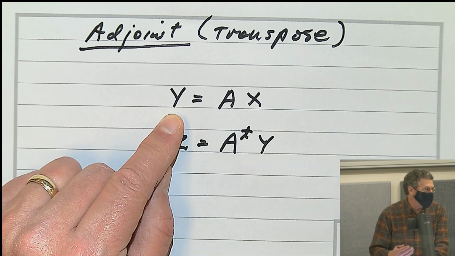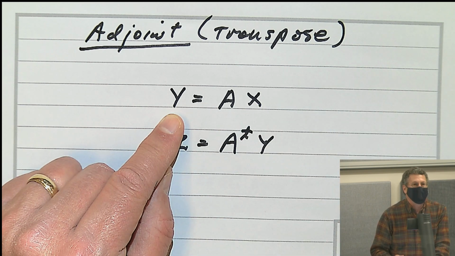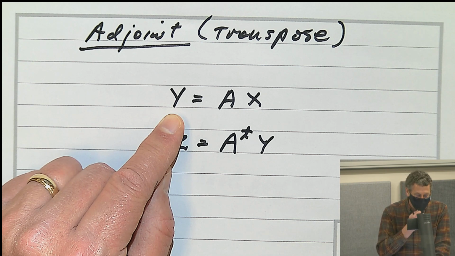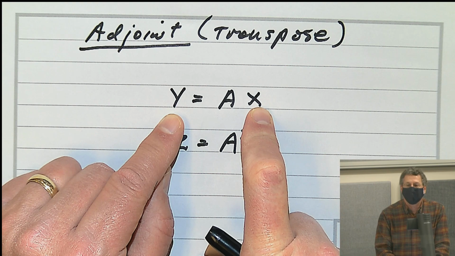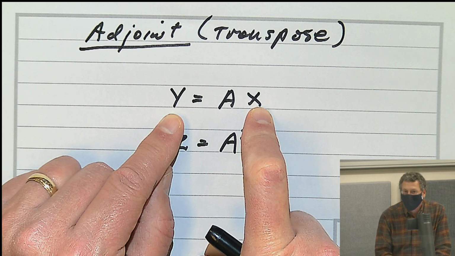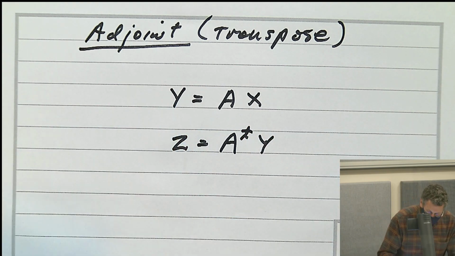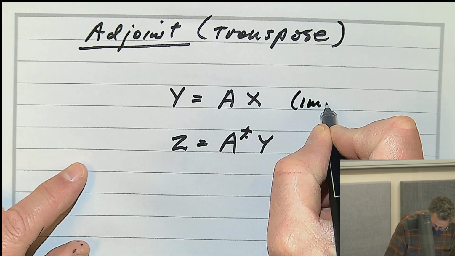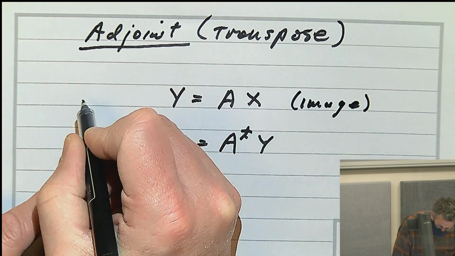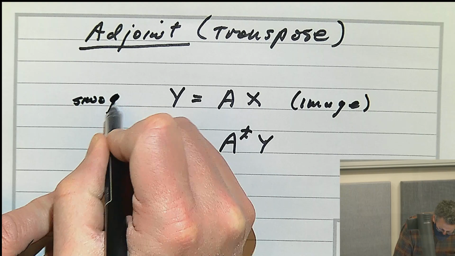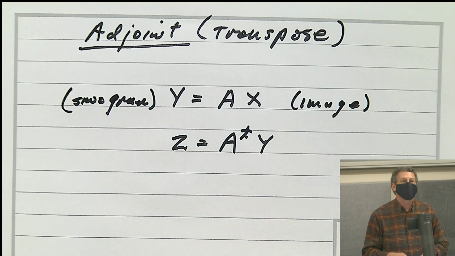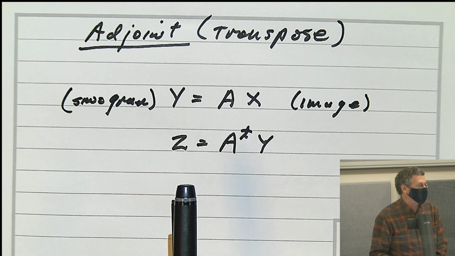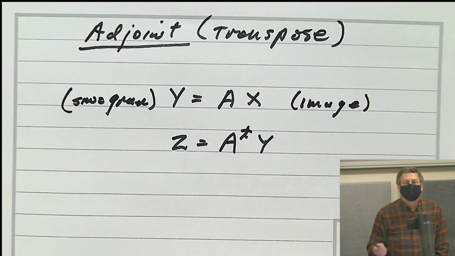And in the case of tomography, the domain of the operator is images, and the range is sinogram. So this is an image, and this is a sinogram, right? The adjoint or transpose of an operator goes in the opposite direction.